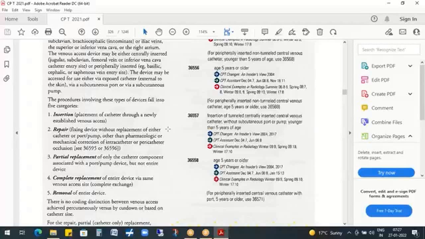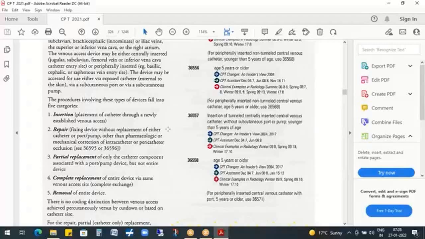Okay, what are the points we need to look for? First one is age of a patient. Next one is catheter or device, centrally or peripherally inserted, next one tunneled or non-tunneled. Then type of procedure performed.